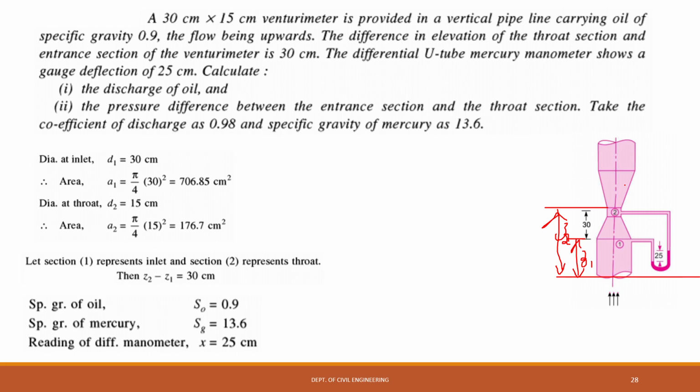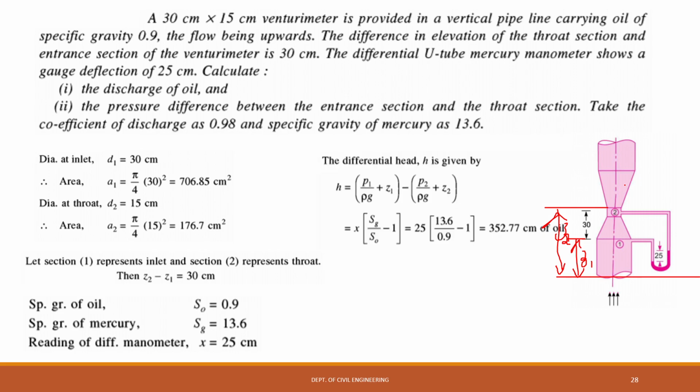Specific gravity of oil is 0.9. Specific gravity of mercury is written. X value is also given in the question. So these are the given data. Now this is case 3, so we can use this formula for finding H. X value is given, so using this formula we can find out the H value.